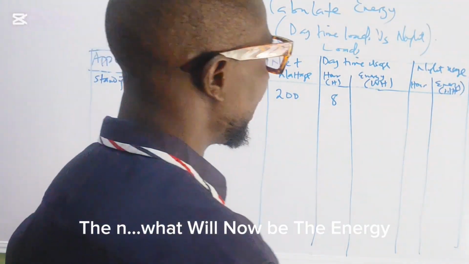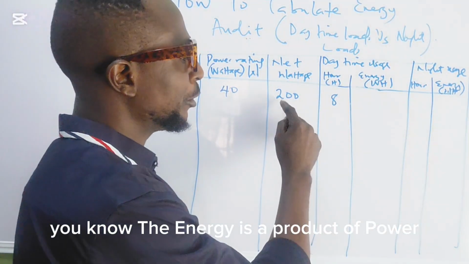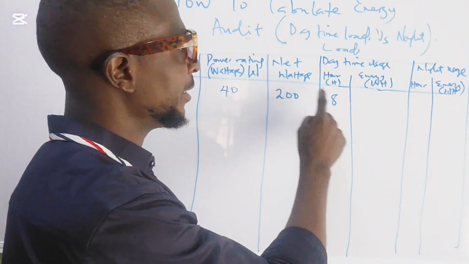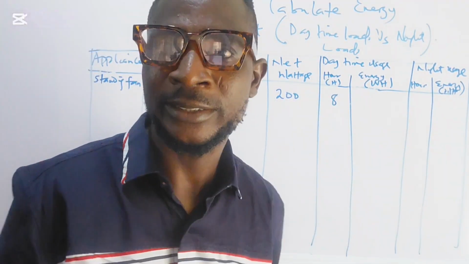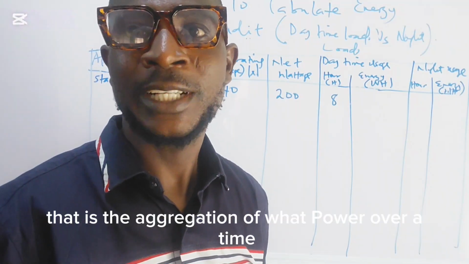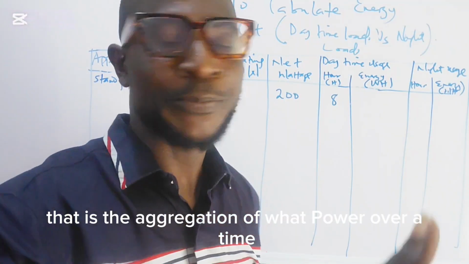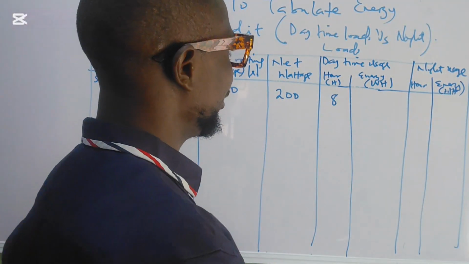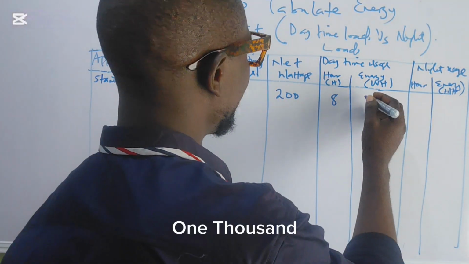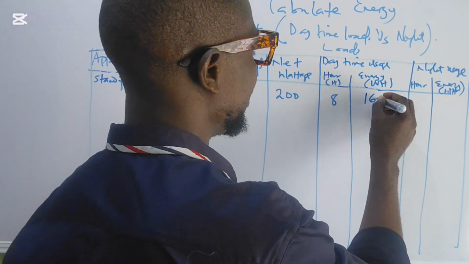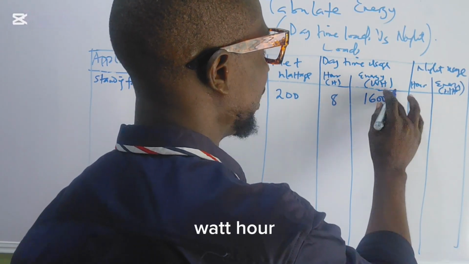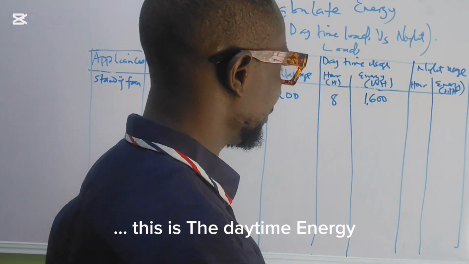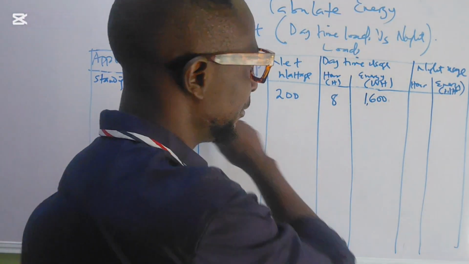Then what will now be the energy? You know, the energy is the product of power and time. Power in watt, the time in hours. Energy is the aggregation of power over a time. Then we have 200 times 8, which is 1,600 watt hour. So this is the daytime energy for this.